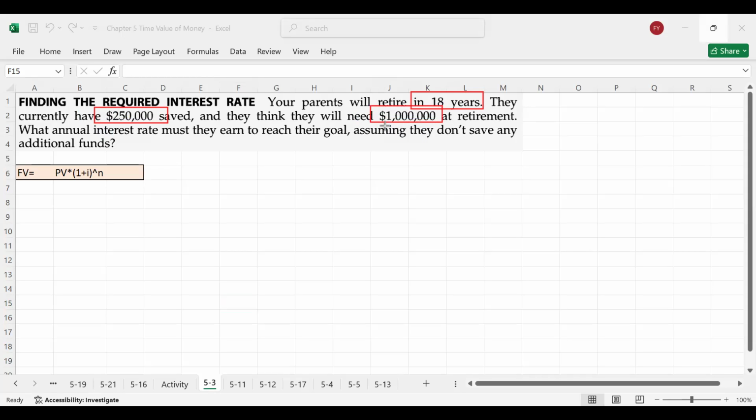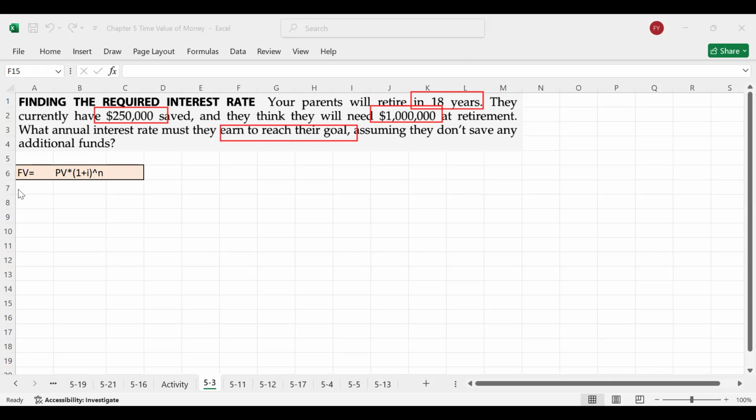So this 1 million represents the future value. What annual interest rate must they earn to reach their goal? So interest rate is required in this particular problem. They have present value, future value, and time period, but interest rate is missing.